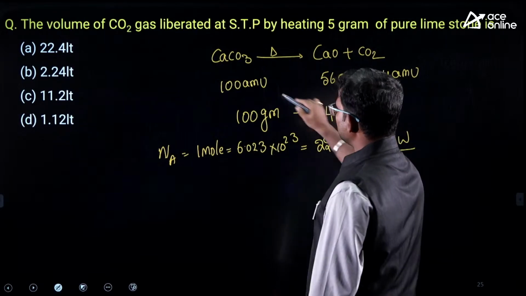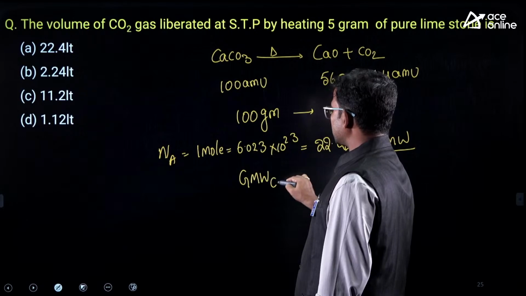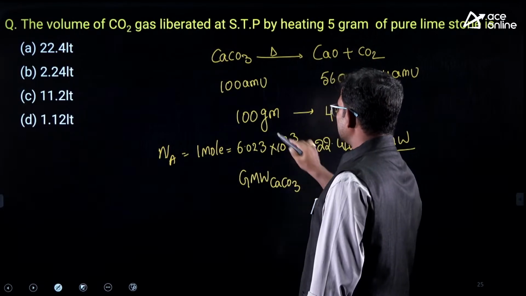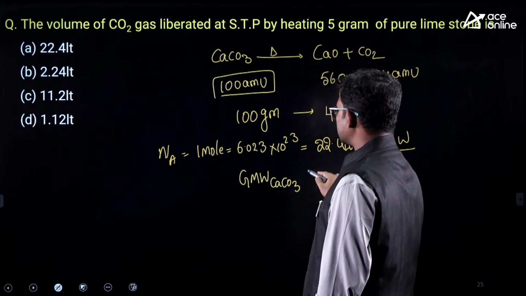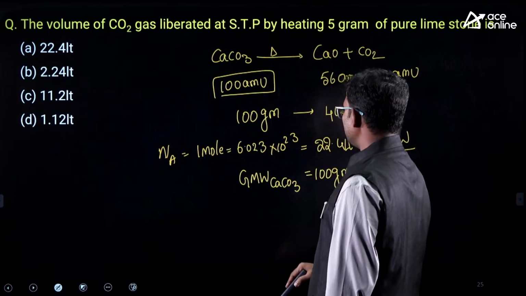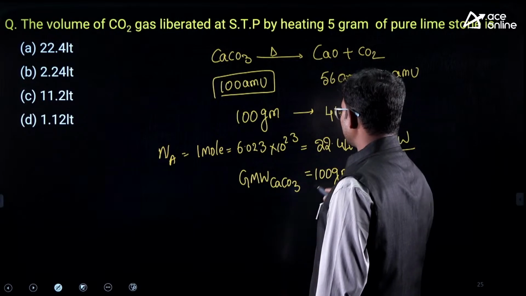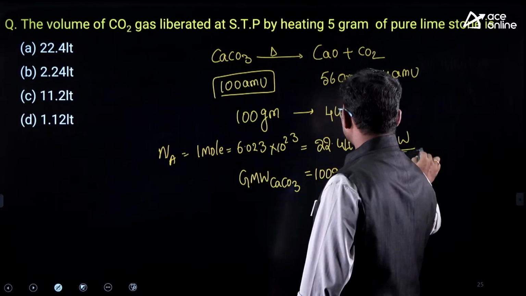So what is the gram molecular weight of calcium carbonate? They mention it, so here we get 100. If you add grams, then that is treated as the gram molecular weight of calcium carbonate. If you consider 100 grams, then it is equal to the gram molecular weight.